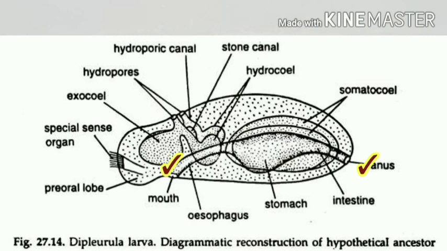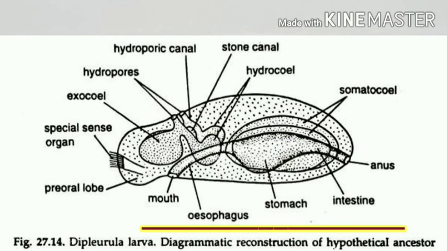The dipleurula form reached during the development is characterized by bilateral symmetry, and it has an egg-shaped body. Ciliation is reduced into a ciliary band where the preoral lobe is situated. Then its digestive canal is differentiated into esophagus, stomach and intestine. So the dipleurula form is regarded by many as the hypothetical ancestor of echinoderms.